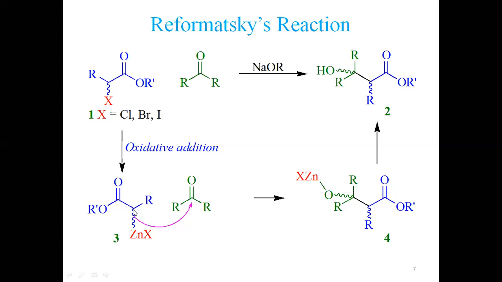So this carbon is electron rich, and it adds to this carbonyl carbon. We are using an ester. This is the same as the Claisen-Schmidt reaction, but an enolate is not used; rather than an enolate, we are using an organometallic. This is a major difference between the Reformatsky reaction and the Claisen-Schmidt condensation.